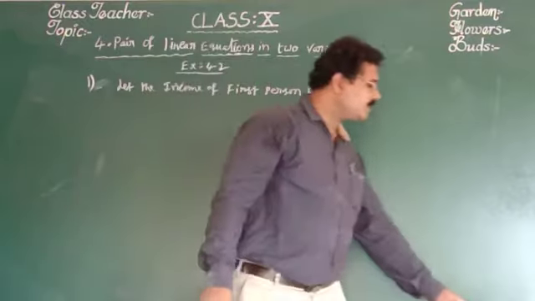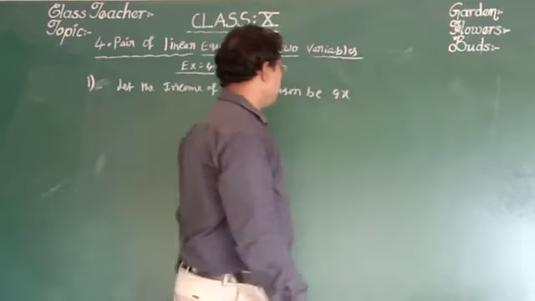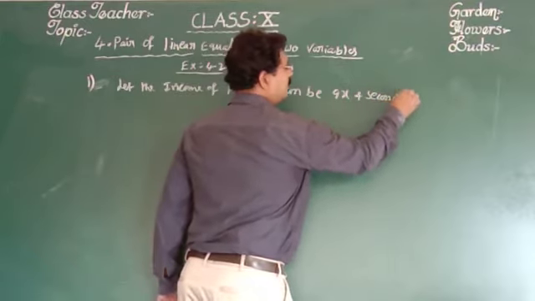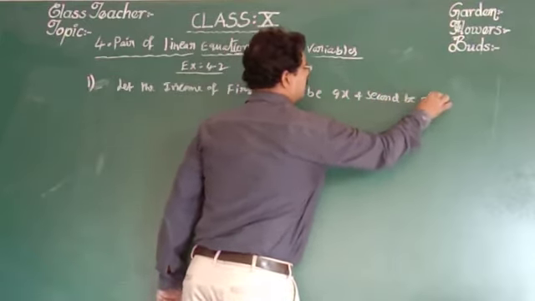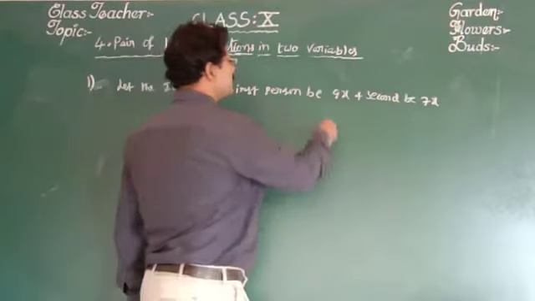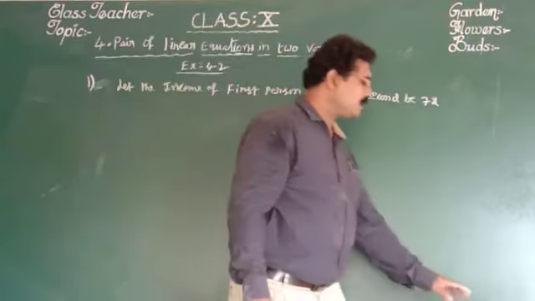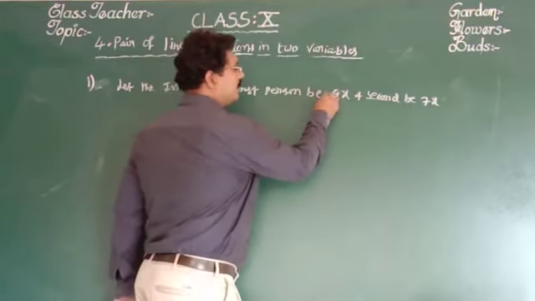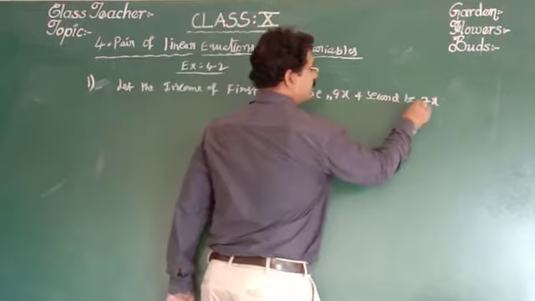Why? Because the ratio is 9:7. And the second person be 7x, that is rupees 7x. So the first person is rupees 9x and the second person is rupees 7x.